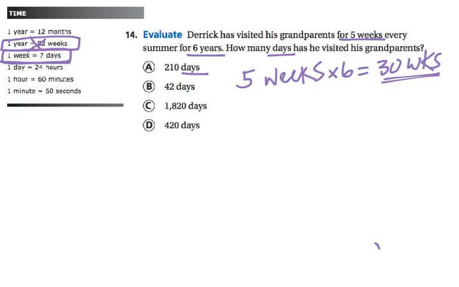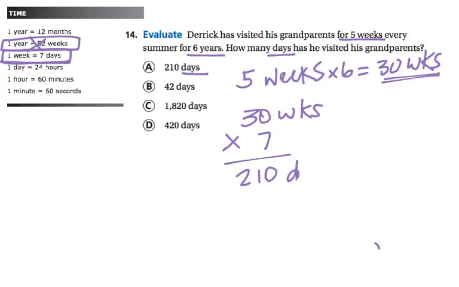Now we have 30 weeks, so to figure out how many days that is, we're going to multiply by 7. 30 times 7 is going to give us 210. 210 what? 210 days. So A is in fact our answer. That was a multi-step problem, even though they didn't tell you it was.